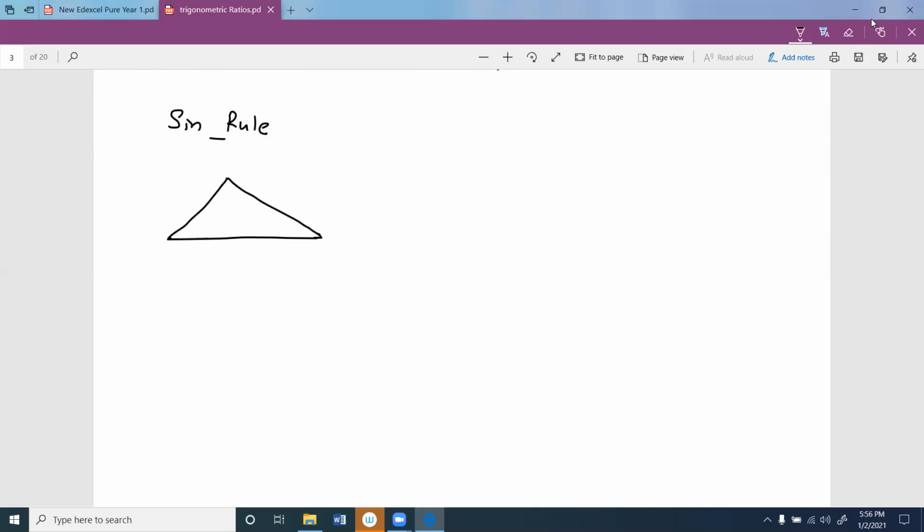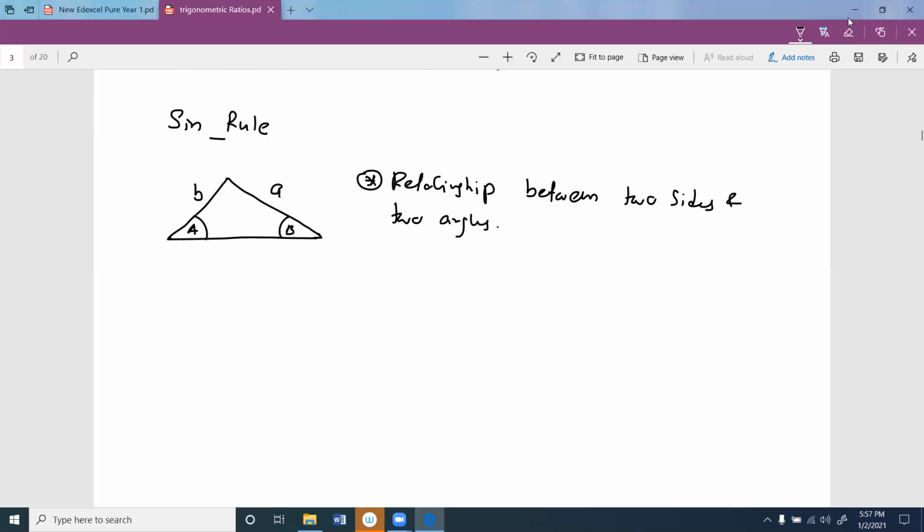So if this is A, and this is B, and the sides opposite to them are a and b, it's a relationship between two sides and two angles. Two sides and two angles, right?